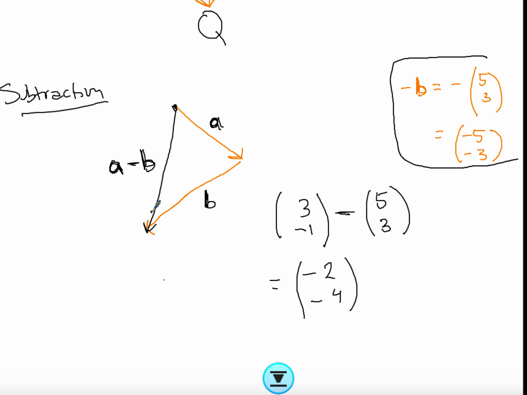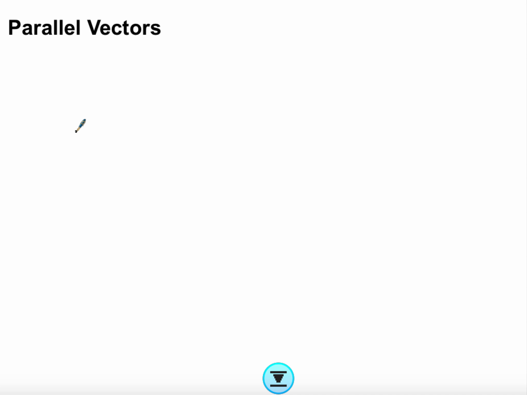So these are the main facts you need to know about vector calculation so far. So scalar multiplication, addition and subtraction. And just a few things to point out. One more thing is parallel vectors. Two vectors are parallel if they're scalar multiples of each other. So two lines are parallel if they don't touch, and this is a given fact.